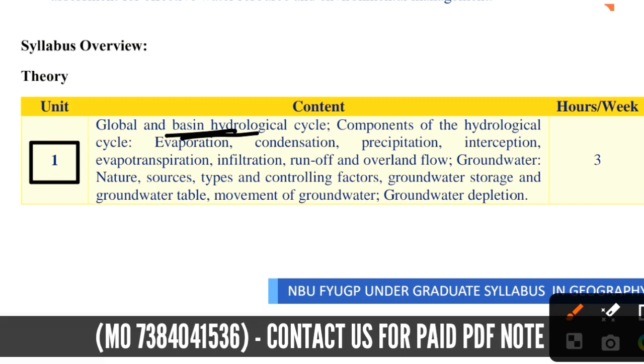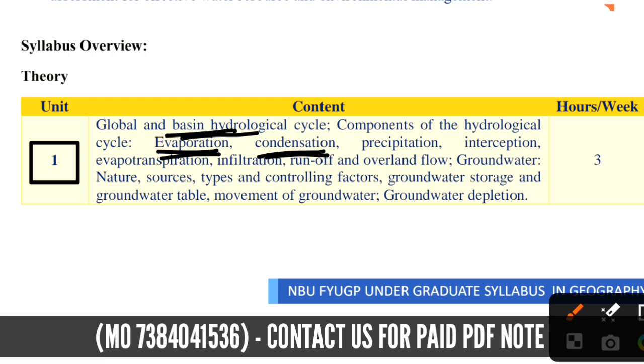The first component is evaporation. Evaporation is the process by which water changes into water vapor and moves into the atmosphere. The next process is condensation.